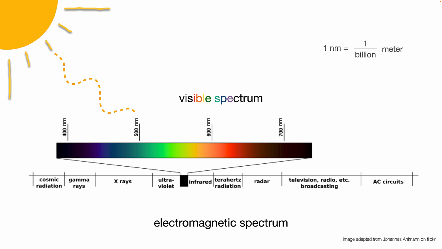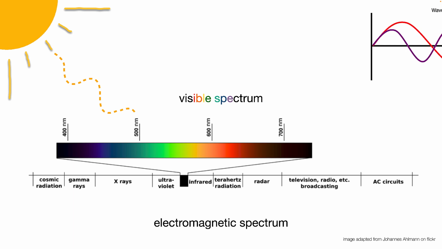Any light of a wavelength outside of that range, so starting with the ultraviolet on the lower end and infrared on the higher end, humans are blind to. Our eyes are not designed to detect it. You may have started to notice too that different wavelengths of the visible spectrum correspond to different colors.